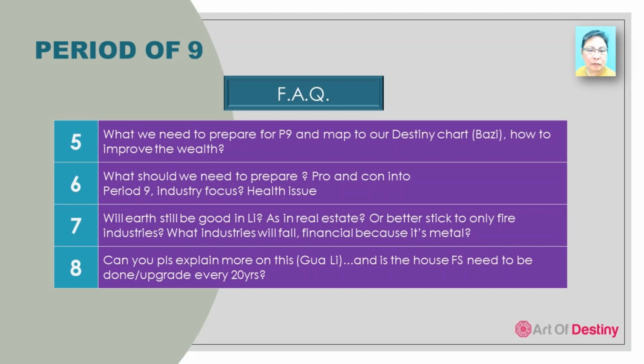But they are still 2 different subjects, right? So when you talk about destiny, it means based on your date of birth and the time of birth, you are given a certain destiny chart, destiny map. That will have a certain effect on us. But besides that, Feng Shui also independently has an effect on us.